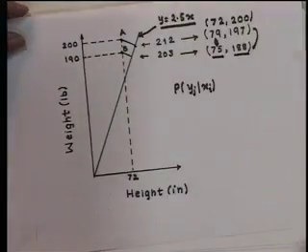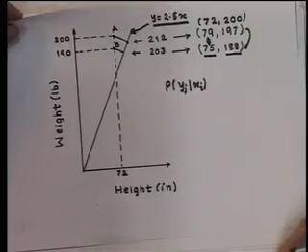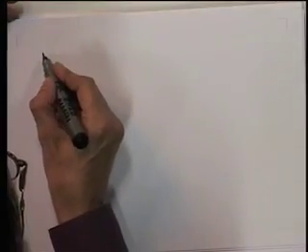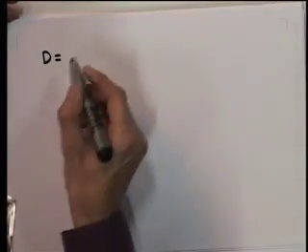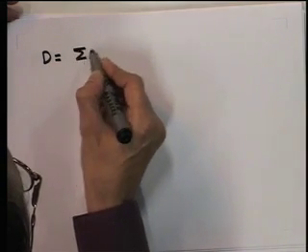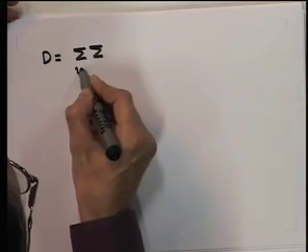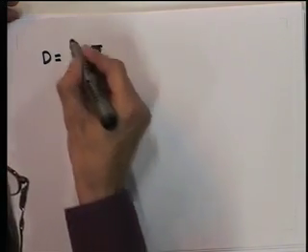So, let us examine the distortion for this scheme a little more closely. Now, in general, the distortion D is equal to a double summation over i and j.